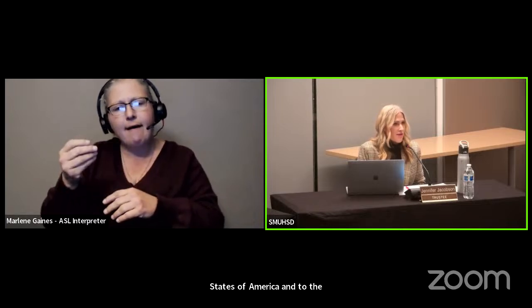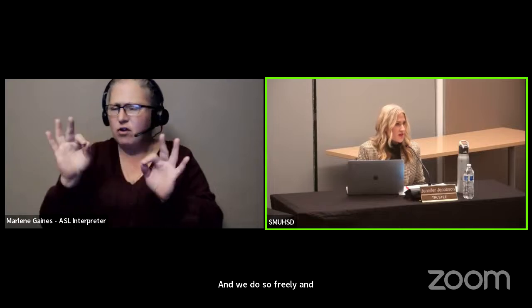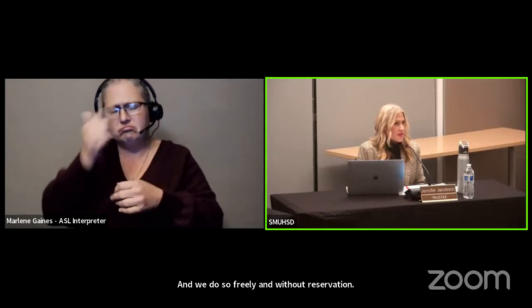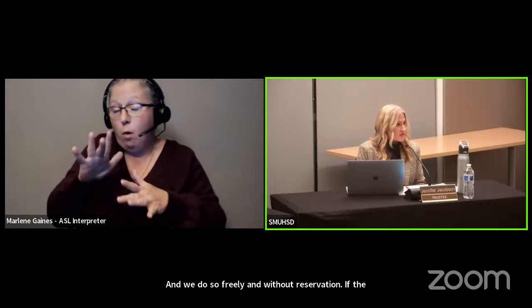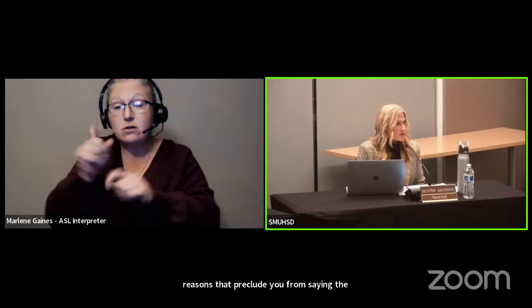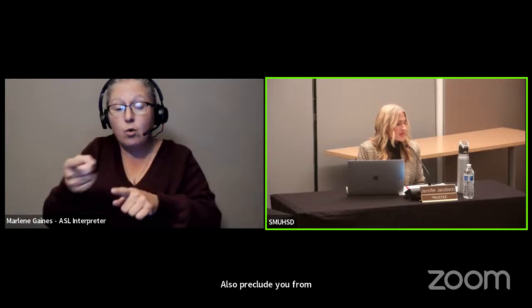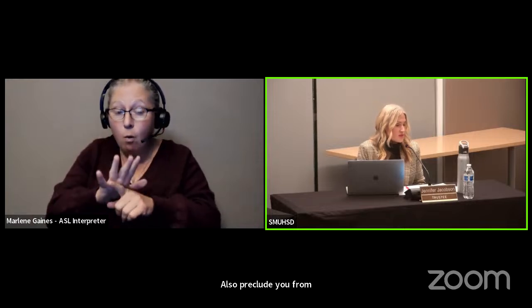And we do so freely and without reservation. And if the reasons that preclude you from saying the Pledge of Allegiance also preclude you from maintaining that oath, I think it should be addressed.